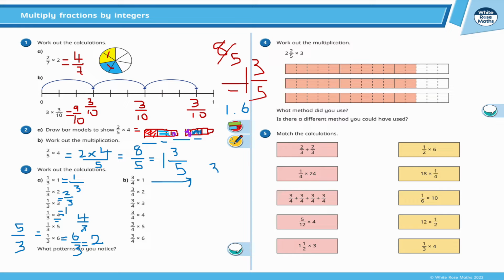We get the answer of 3/4. Anything times 1 doesn't change. My answer remains unchanged. The next one, 3/4 times 2 goes to 6/4, which simplifies to 3/2. 3 lots of 3/4 goes to 9/4.